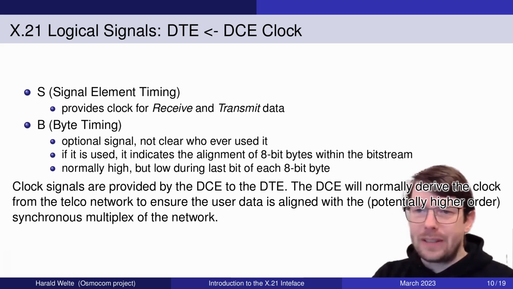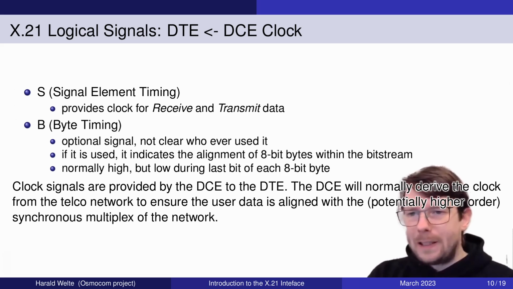It's specified as an optional signal in the X.21 and related recommendations. And I didn't find any references of some network using it. At least in the literature I found on the German use of this X.21 interface, the byte timing appears not to be used.